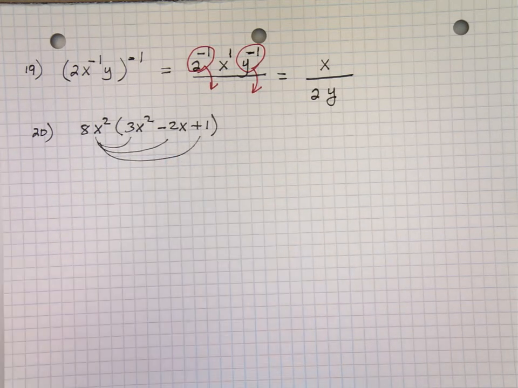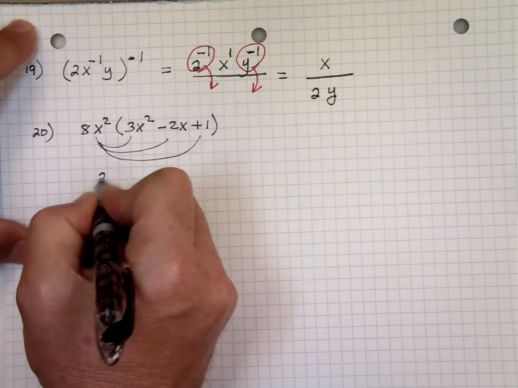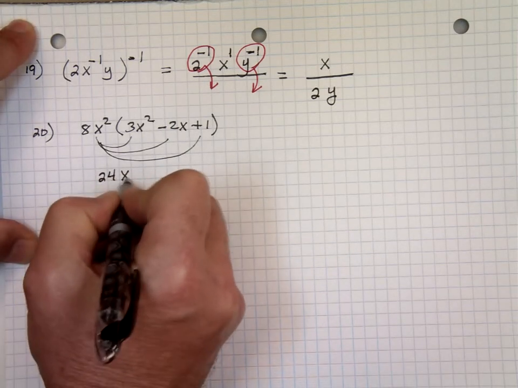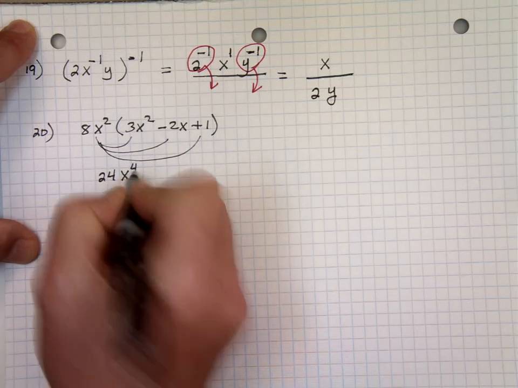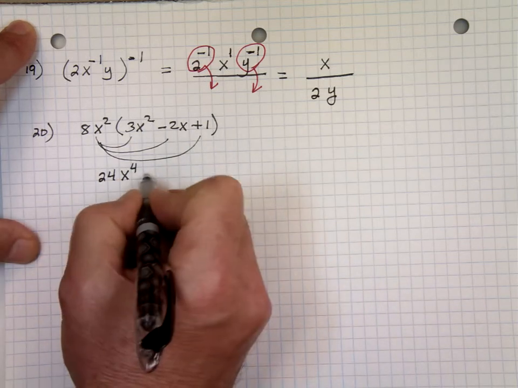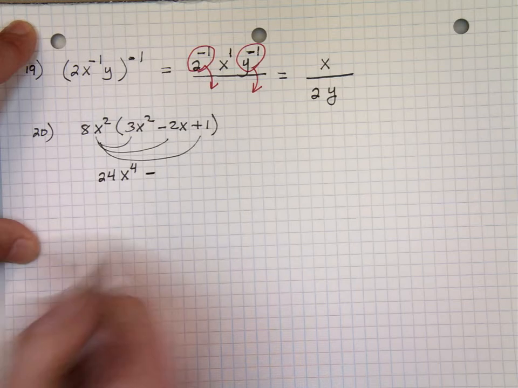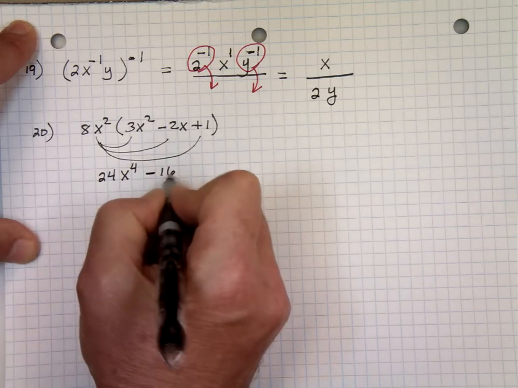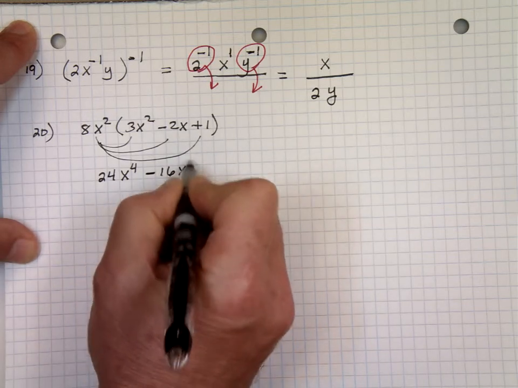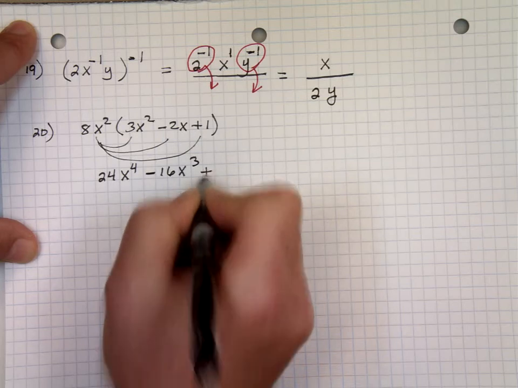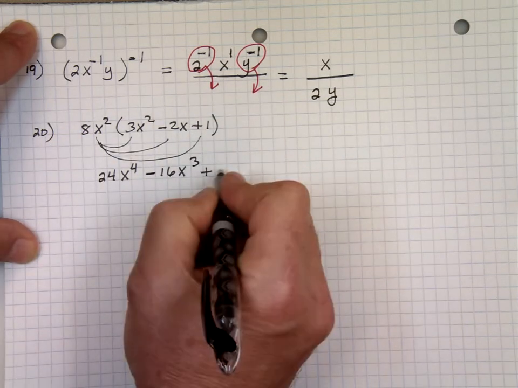What's 8 times 3? 24x to what power? 4th. Good. You add the exponents. This will be a minus. 8 times 2. X to what power? 3rd. Plus 8 times 1. X to what power? 2nd.